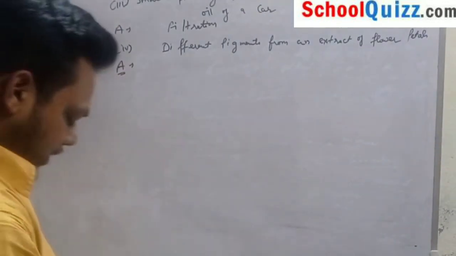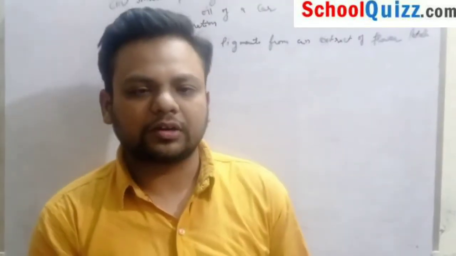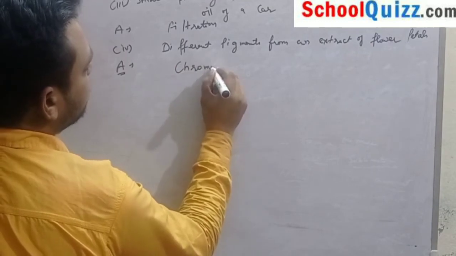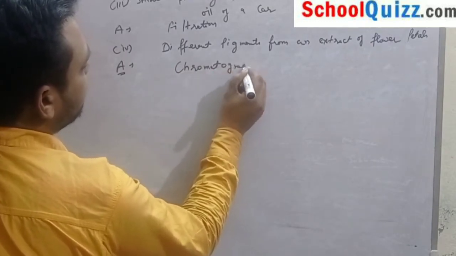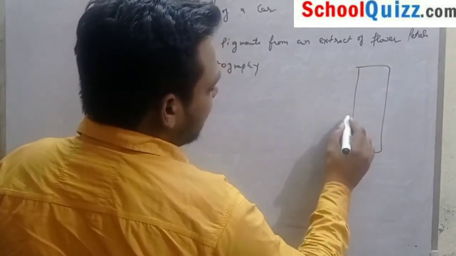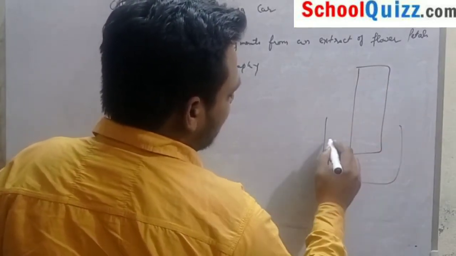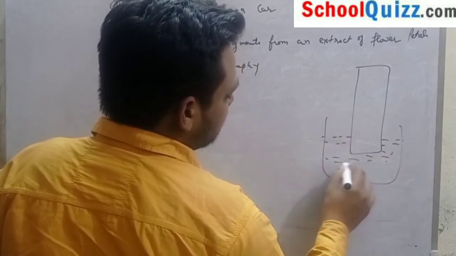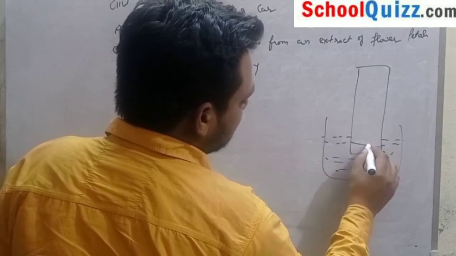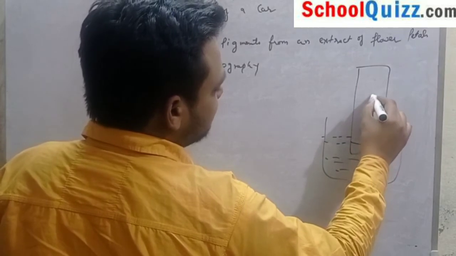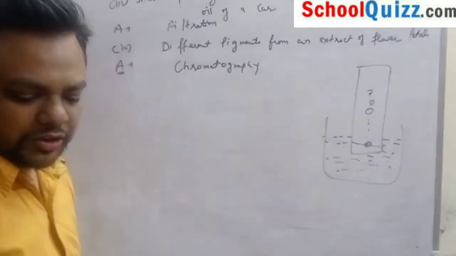We can separate it with the help of the technique chromatography. As we have already discussed in chromatography, we place a paper in the solution and we place ink on it, and all the components get separated according to their solubilities.